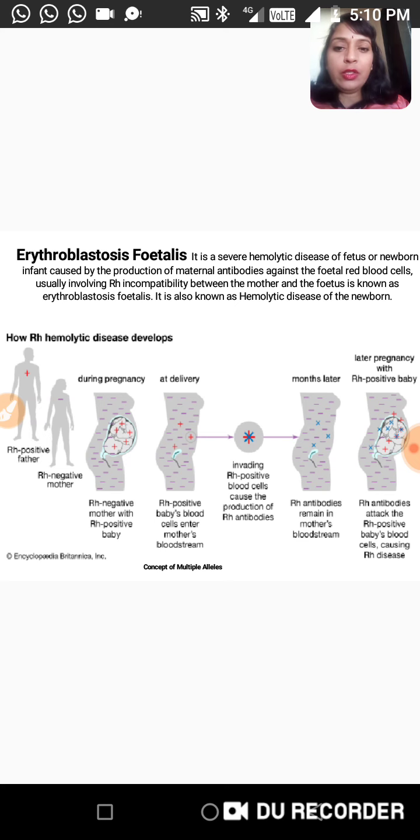Now, erythroblastosis fetalis, what is that? It is actually the hemolytic disease of the newborn.